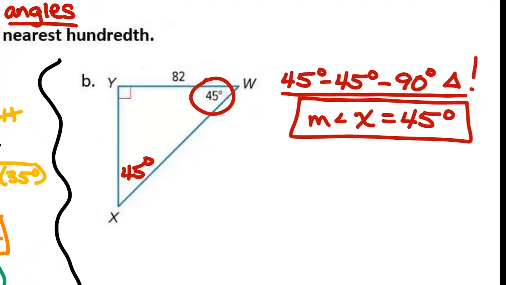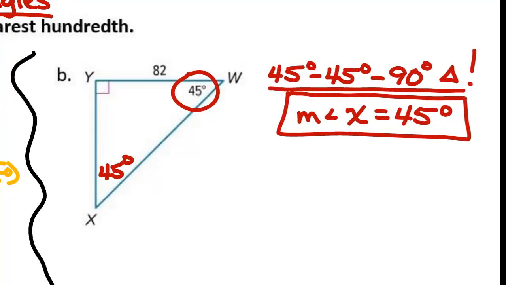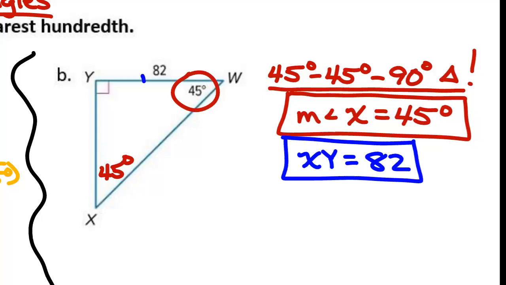It also means that I know the length of XY. How big is segment XY? 82. In a 45, 45, 90, the hypotenuse is not the congruent side.